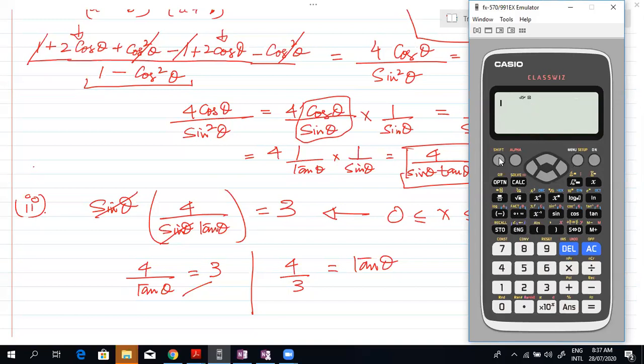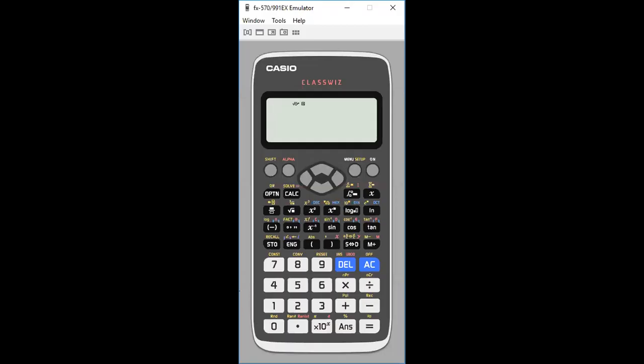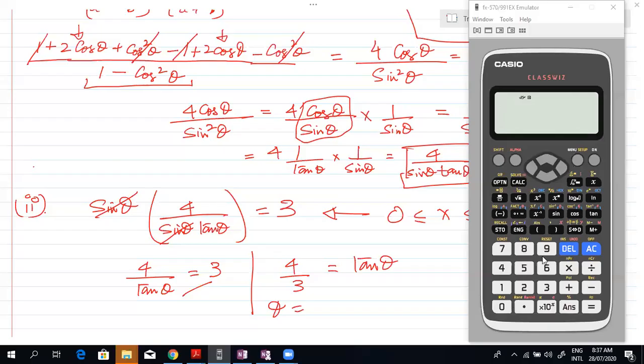So I have theta equal to tan inverse of 4 over 3. Let me just find this first and then we'll carry on with the question. So tan inverse of 4 over 3. That should give us the answer: the basic angle, which is 53.13.